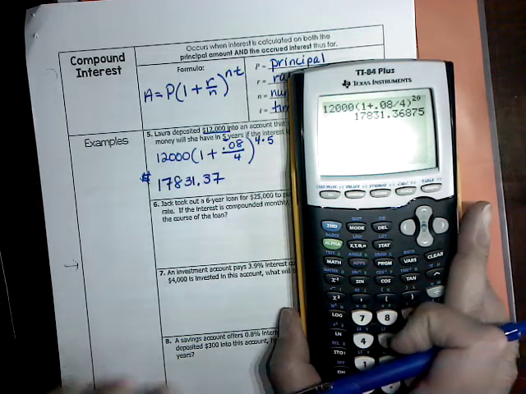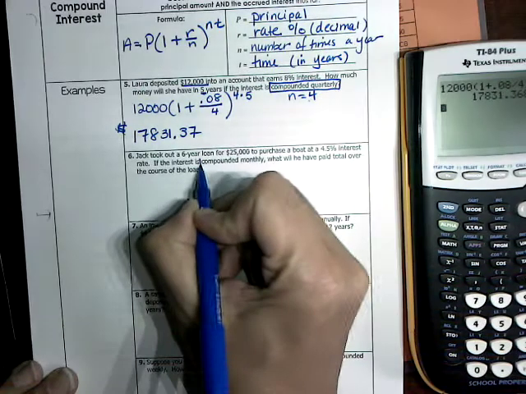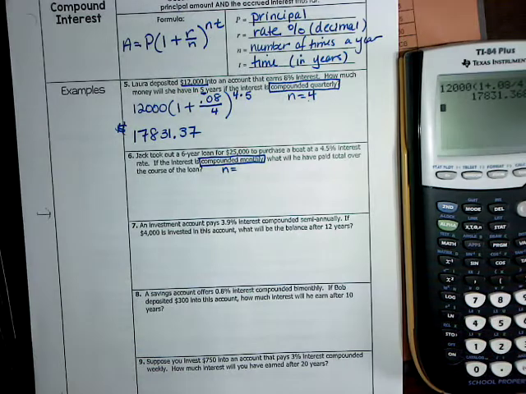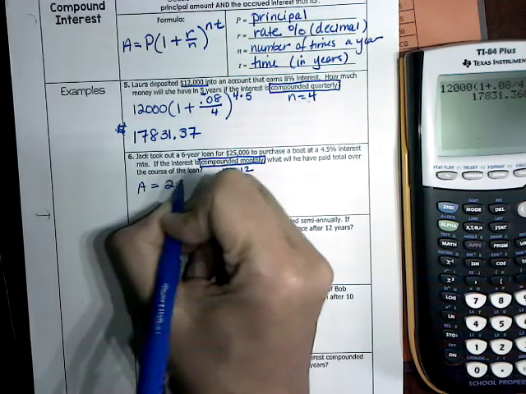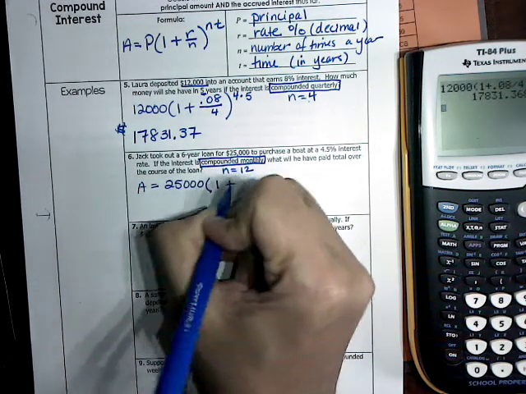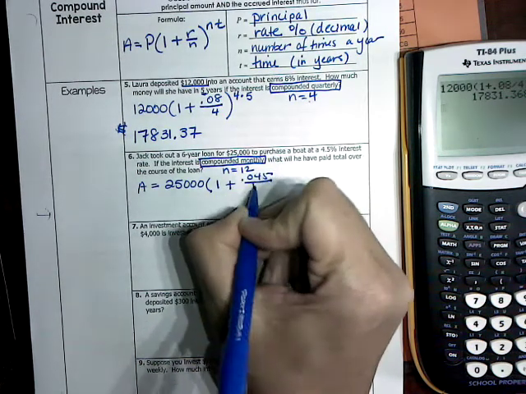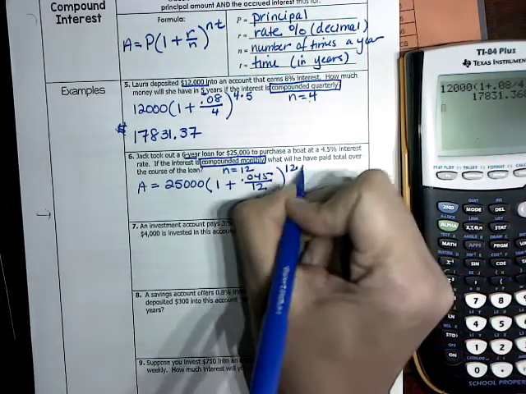All right, let's look at number 6. Jack took out a 6-year loan for $25,000 to purchase a boat at a 4.5% interest rate. If the interest is compounded monthly, how many times a year is that? 12, because there's 12 months in a year. What will he have paid total over the course of the loan? So the principal is $25,000, 1 plus the rate over the N, and then N times, and it was for 6 years.